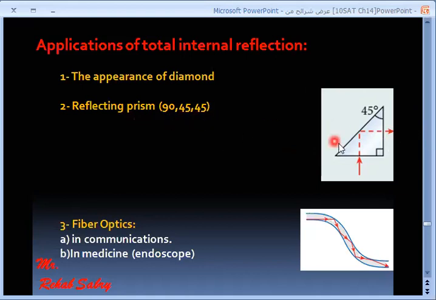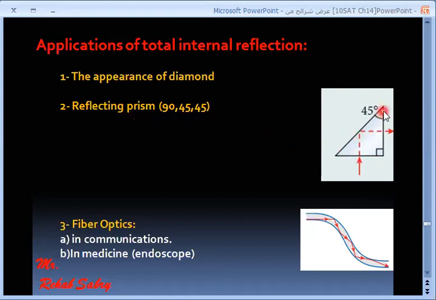This reflecting prism is made of some kind of glass whose critical angle is small, approximately 42 degrees. It is designed such that when the light falls perpendicular to the first face, it will go along its path.